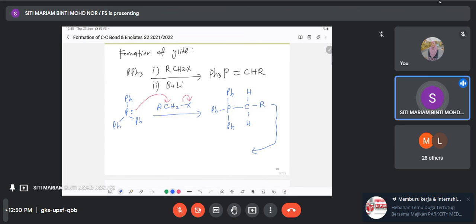You react with butyl lithium. I want to write it: Li positive charge, butyl, and the carbon next to the lithium has a negative charge. So what will happen? Butyl lithium is a base, that is its property. As you learned, a base will abstract a proton and cleave this bond.